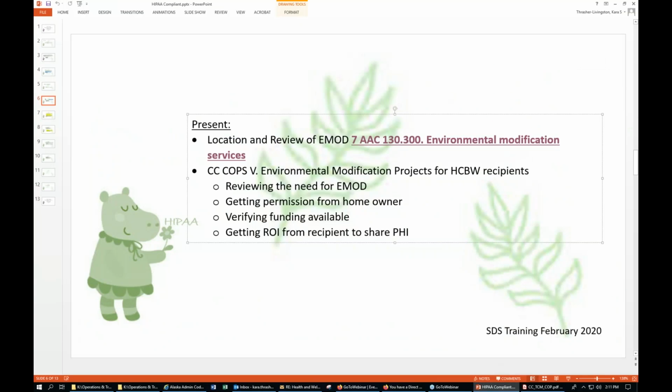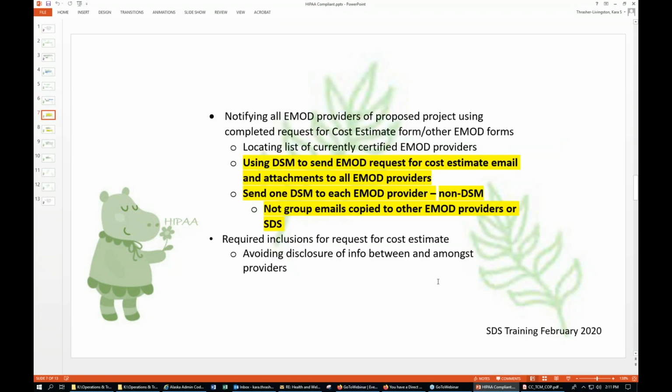What does SDS expect? You are familiar with reviewing the need, getting permission from the homeowner, verifying the funding. Those things are all summarized in regulation and in our reference document that we'll look at in just a bit. You want to notify all EMOD providers by using DSM to send a request for cost estimate email and the attachments to each one.